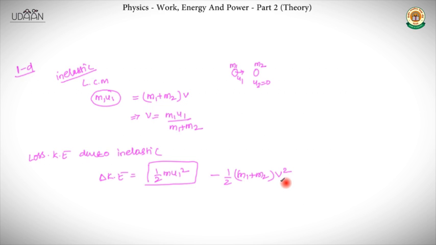As this is the combined velocity of both after the collision, we can directly write v square. Putting v is equal to m1 u1 by (m1 plus m2) and solving, we get delta KE is equal to half into m1 m2 u1 square by (m1 plus m2).